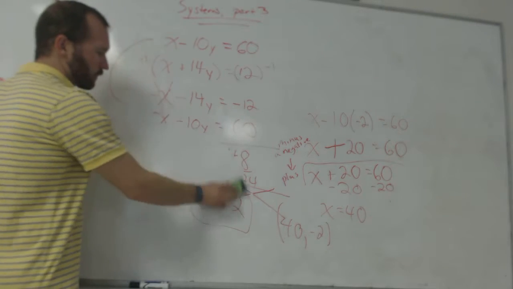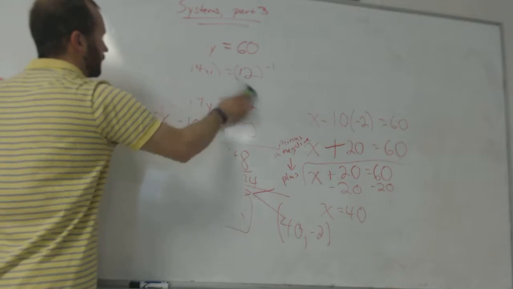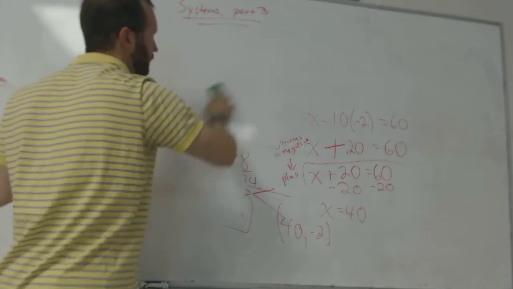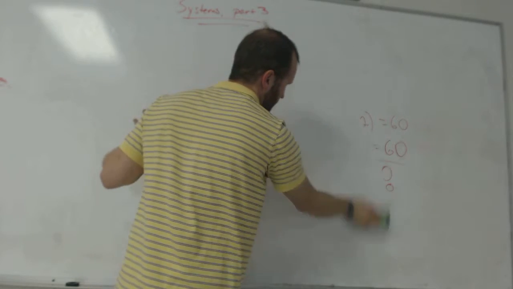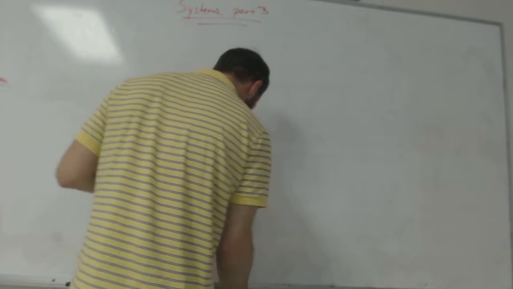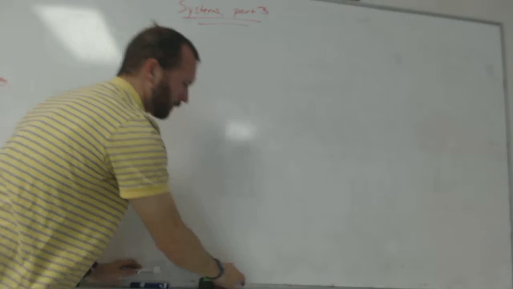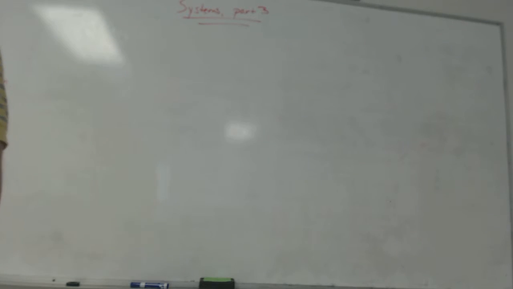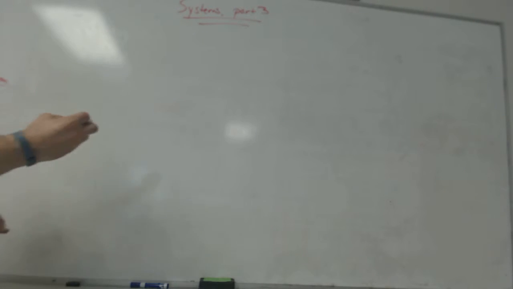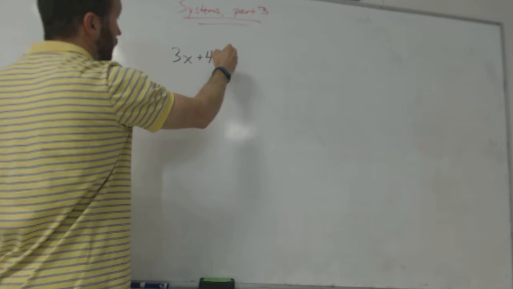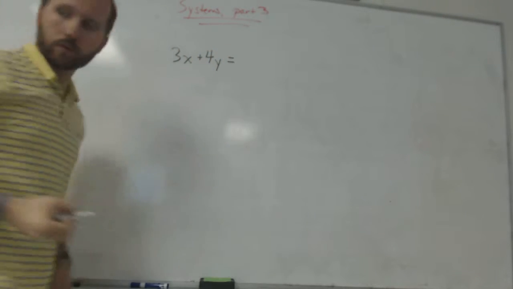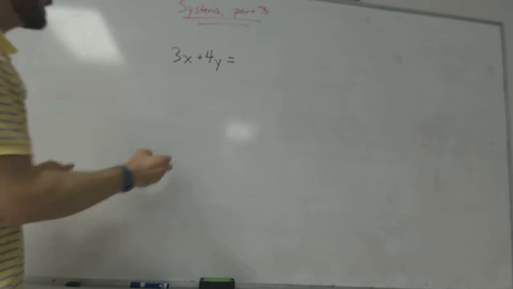So this was just review, right? We've already done that. Part 3 of this is going to look a little bit different. What if we have a system of equations like this one? 3x plus 4y equals 18.